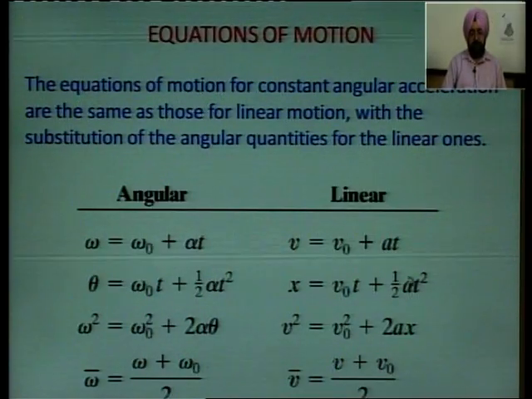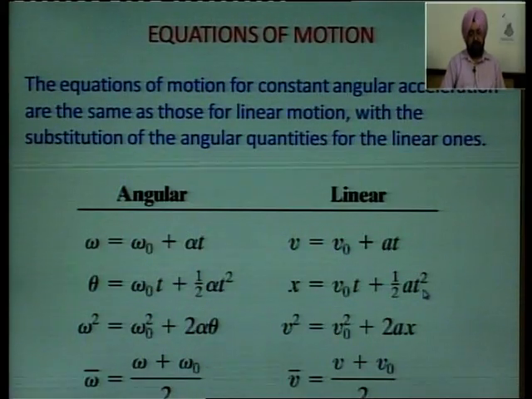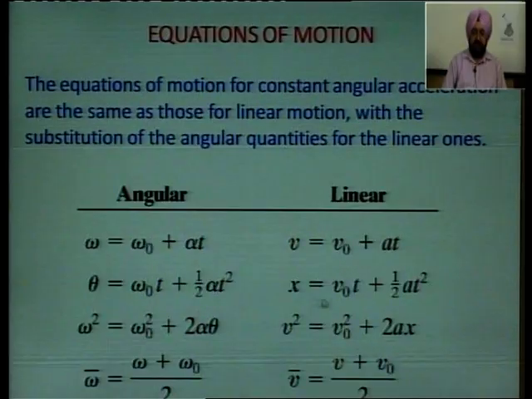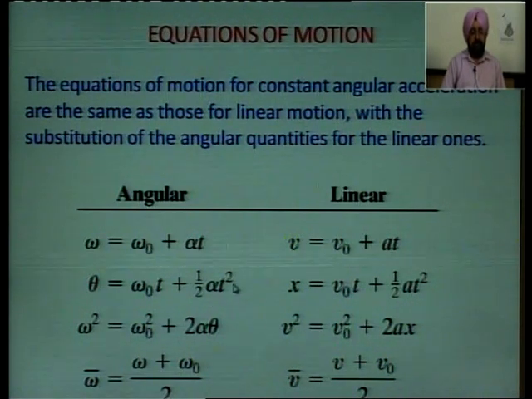A is linear acceleration, it becomes angular acceleration alpha. So, you have x equal to v naught t plus half a t square, or you might have studied it as s equal to u t plus half a t square. It becomes theta equal to omega naught t plus half alpha t square.